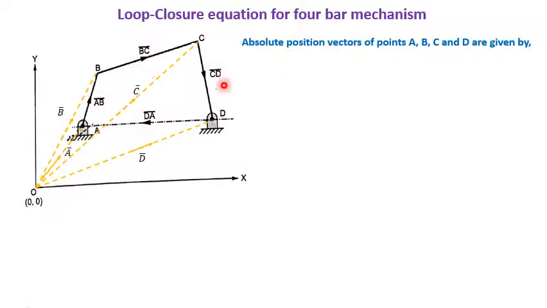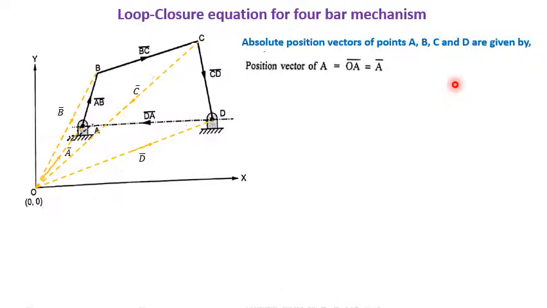Now, absolute position vectors. What do you mean by absolute position? If we consider the individual position of a point, that is nothing but an absolute position. Another one is relative position. The position vector of B with respect to A means with respect to some other relative point we are finding the vector. That is relative position vector. This is absolute position vector.